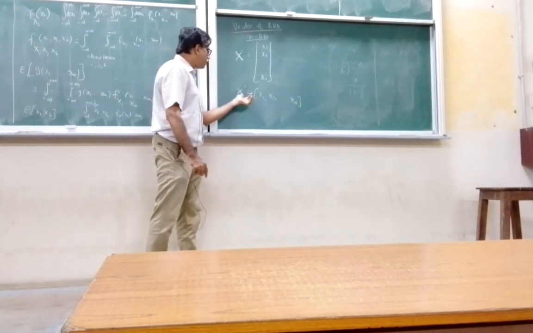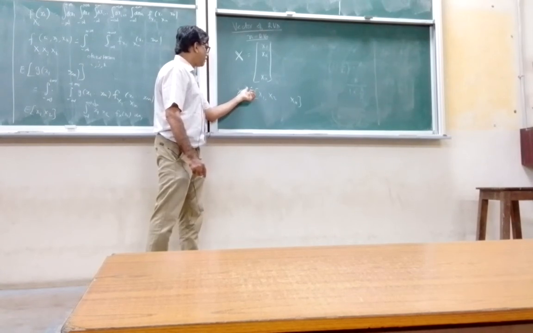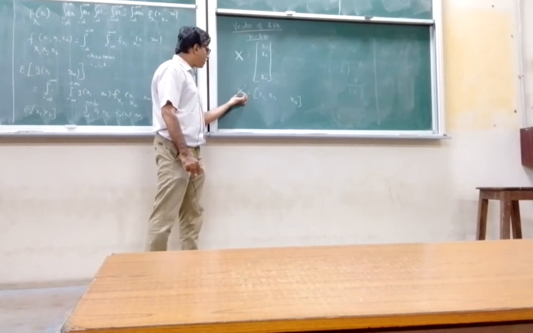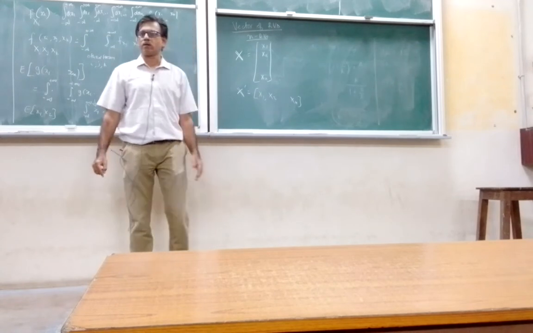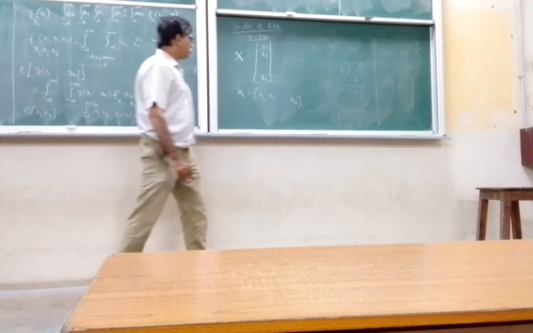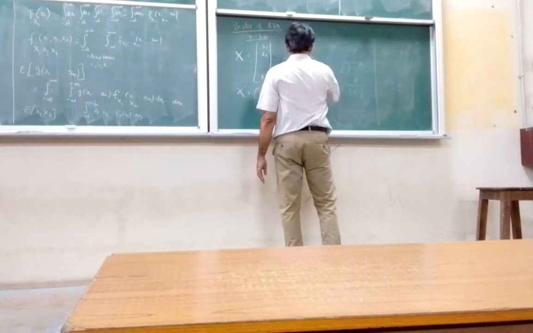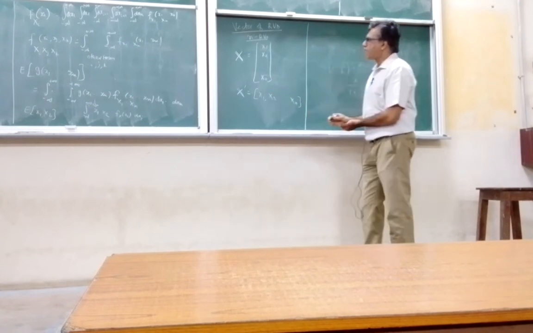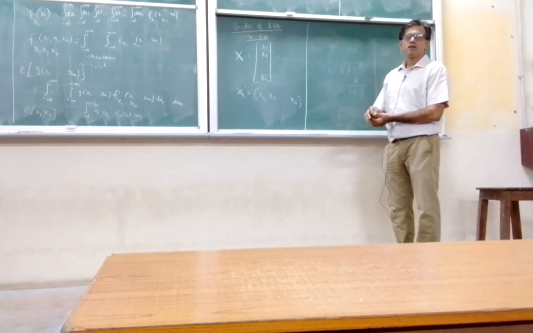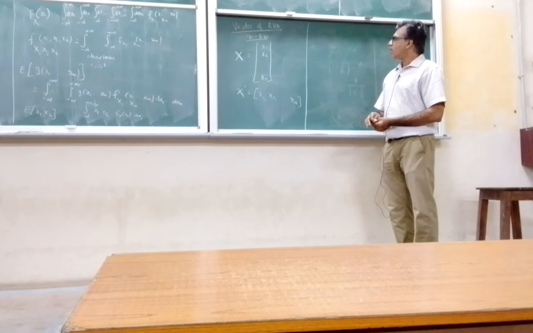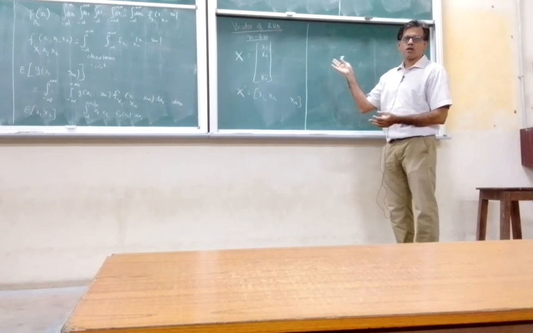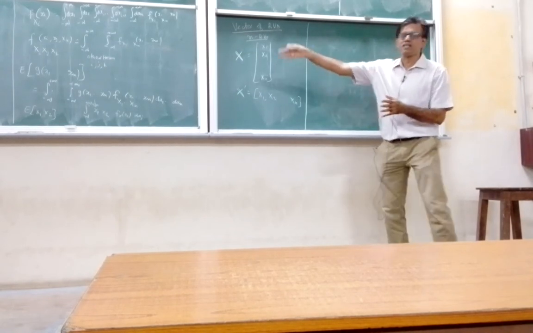Whenever we denote the transpose of a random vector, it becomes a row vector.